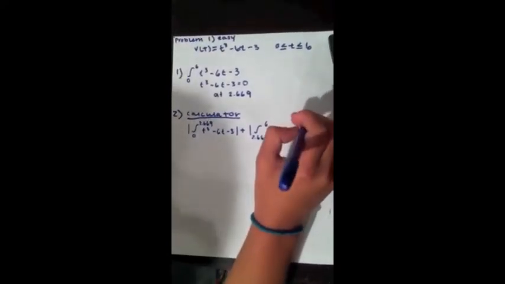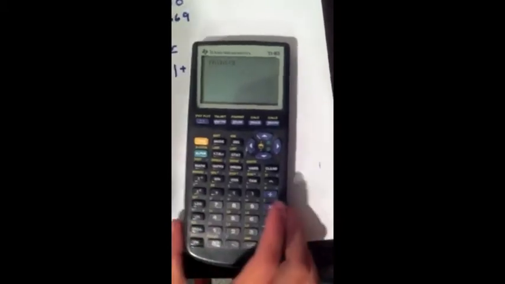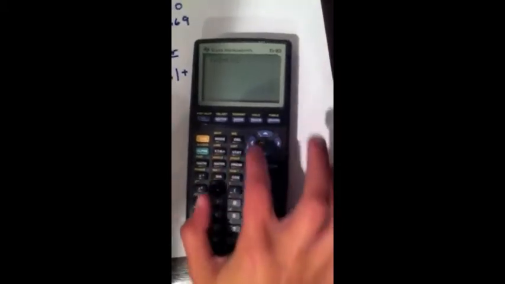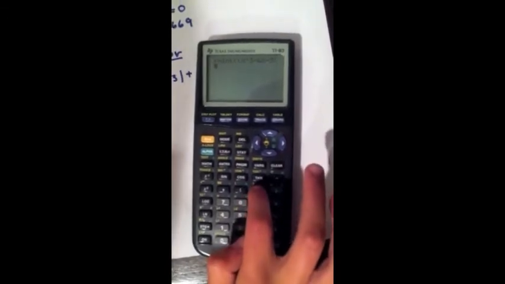After this, to find that answer, you have to use your calculator again. You click math, then 9 to get the integral. And then you type in the equation, so x cubed minus 6x minus 3, close the parentheses.